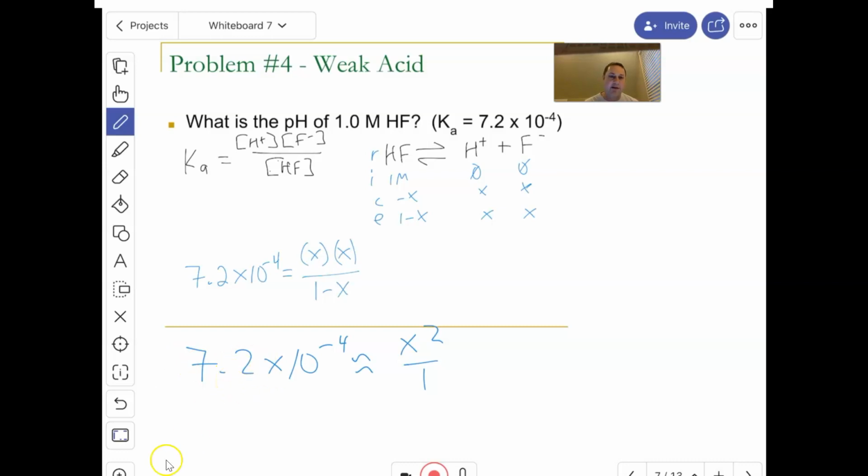So I'm going to pause real quick and do that. All right, so if you take a look here, I've done the square root of this value, and I solve for X. X is just H plus. So now I know the H plus concentration, and this becomes somewhat easier at this point.